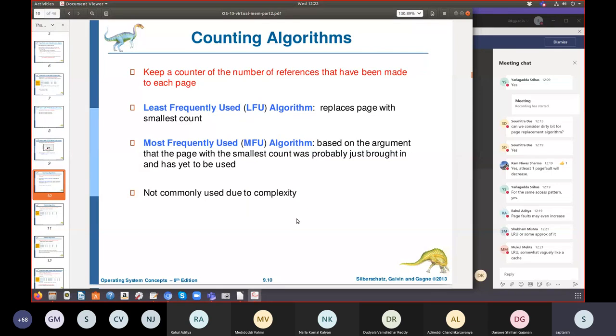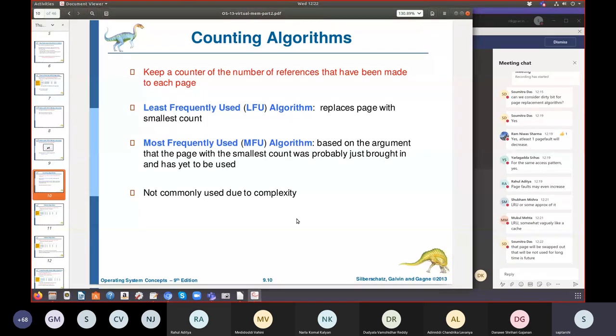First step beyond FIFO is counting algorithms. Basically, keep a counter of the number of references that have been made to each page. Suppose you implement this: you keep a counter to count the number of references. Then the least frequently used algorithm says to replace the page with the smallest count.